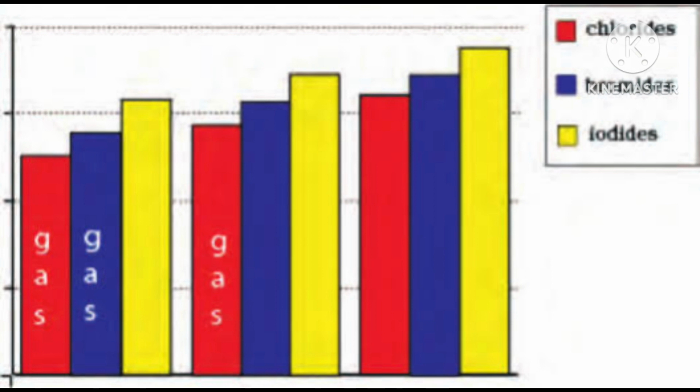However, the para isomers have high melting points as compared to their ortho and meta isomers.